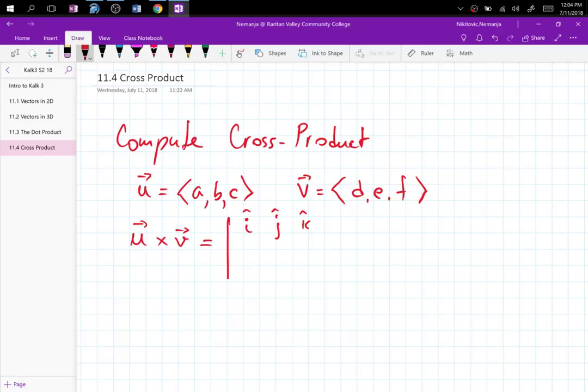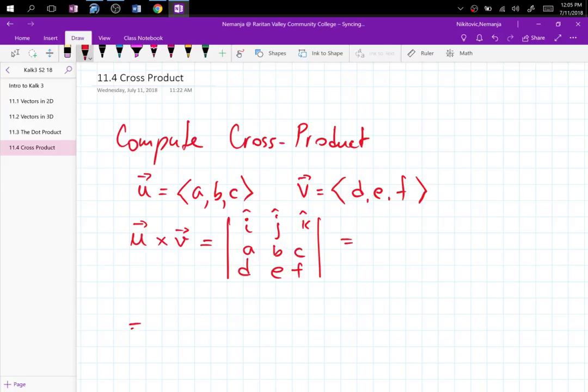In the second row, we'll put A, B, C, which are the components of vector u, and the third row D, E, F, components of vector v. So it's always set up this way. First row, unit vectors. Second row is the first vector in the cross product, and the third row is the second vector in the cross product.